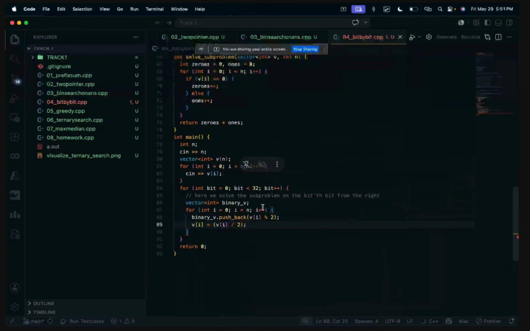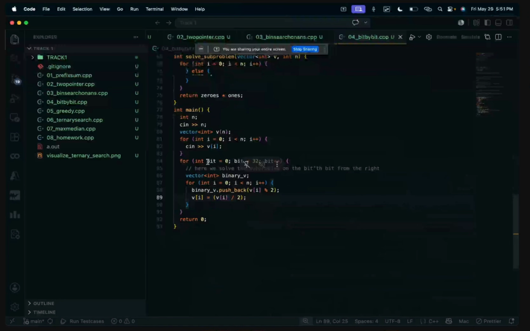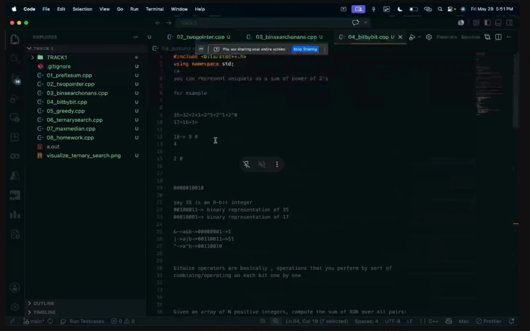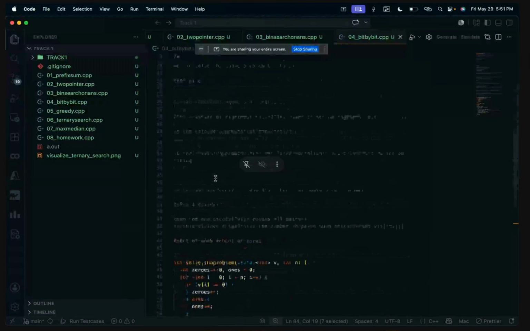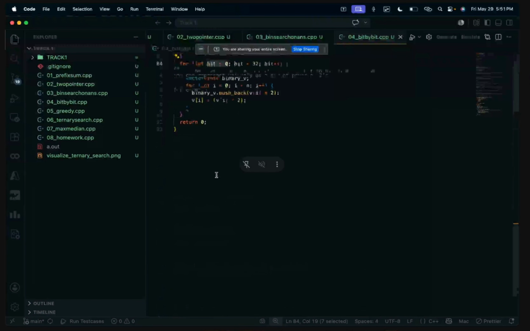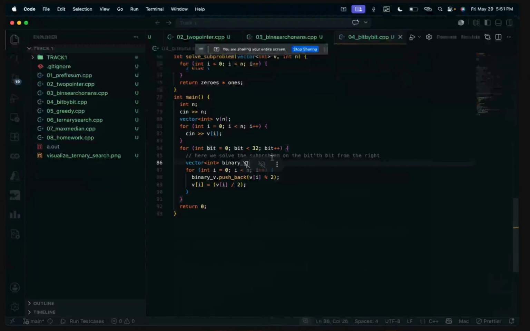So this is exactly what we did here. For the rightmost bit, we just found the remainder when divided by 2. And for the next time, we took the quotient. The quotient was this, and we found the remainder of that.